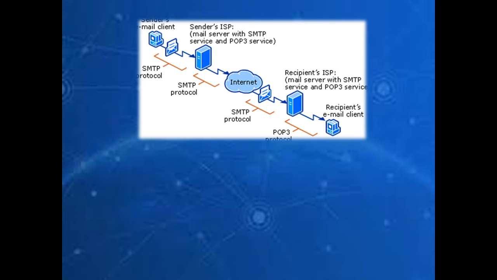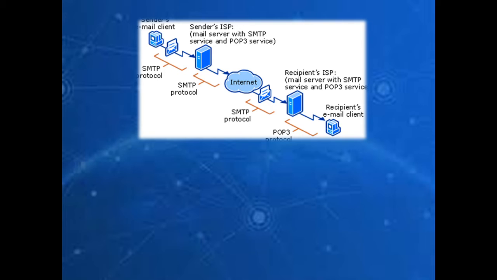When we compare the SMTP protocol and the IMAP protocol, SMTP is responsible for sending the mail, and IMAP, the Internet Message Access Protocol, is responsible for accessing mail. If we want to send a mail, the protocol responsible will be SMTP.